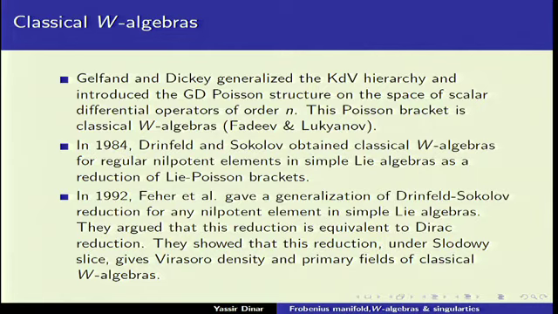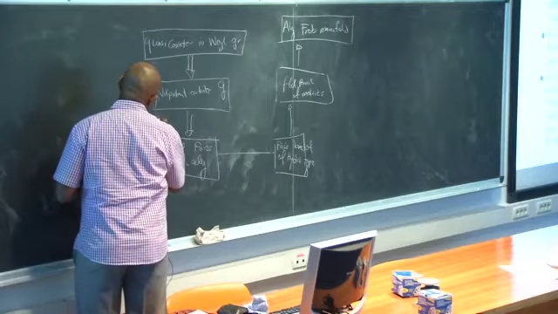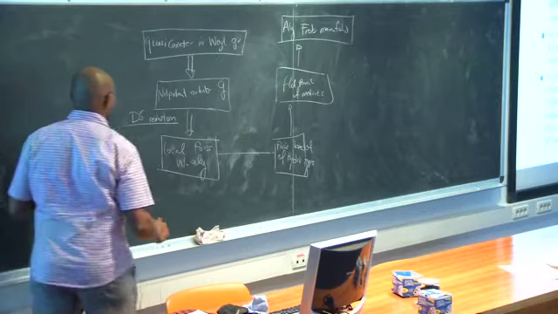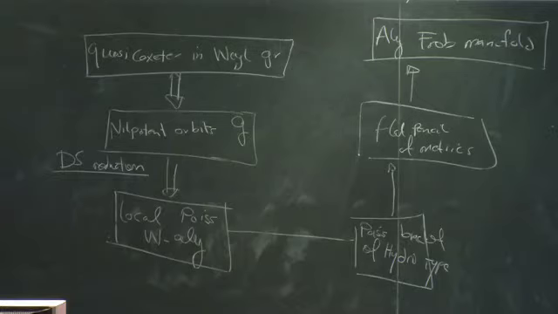And this is some history about classical W-algebras. Actually, classical W-algebras now can be constructed for any nilpotent orbit. And the construction here is well known. It is the Drinfeld-Sokolov reduction. And Drinfeld-Sokolov reductions were studied in 2 ways.